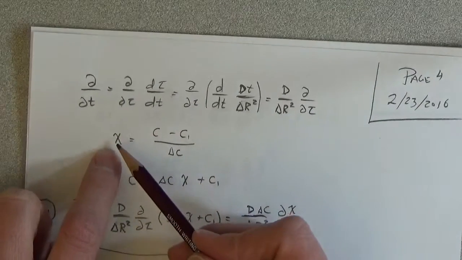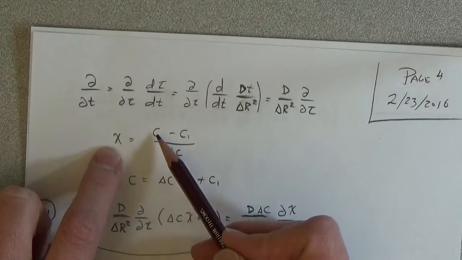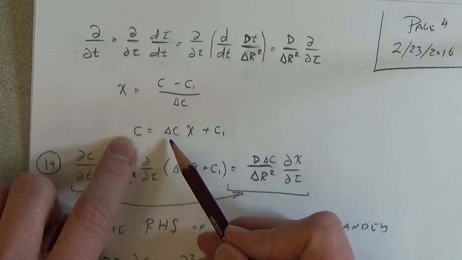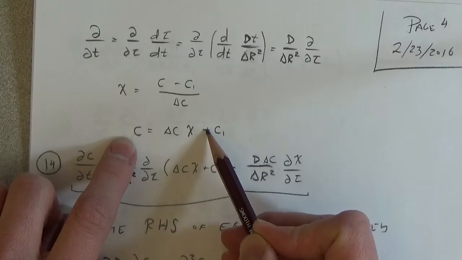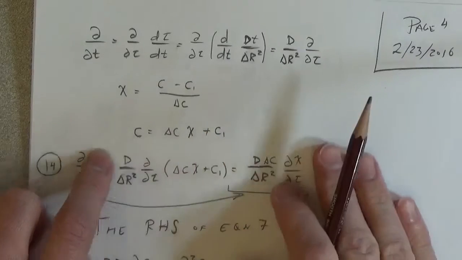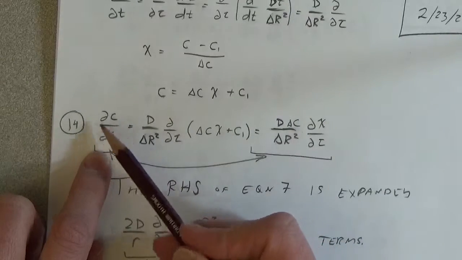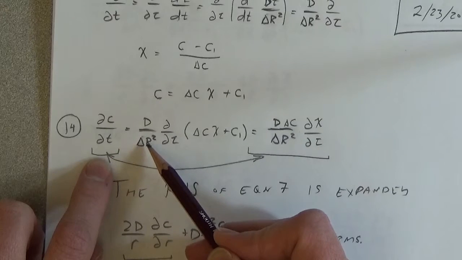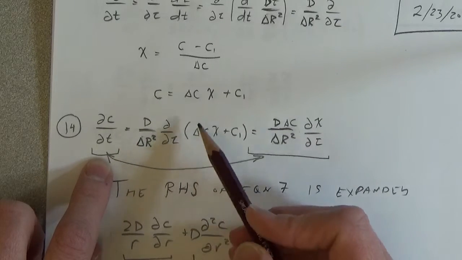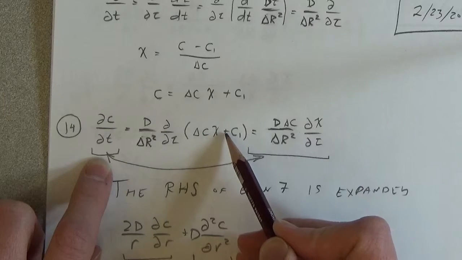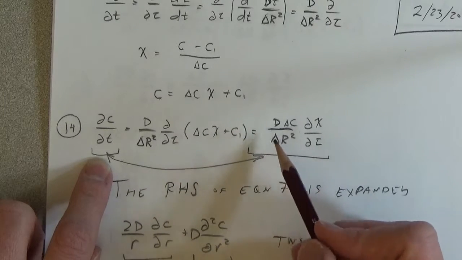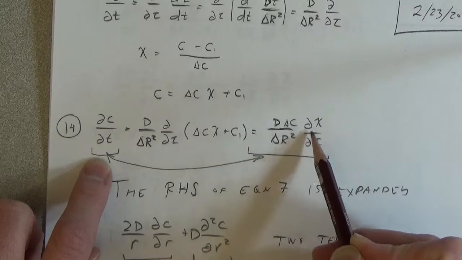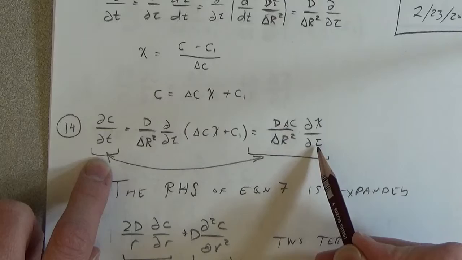And then we take chi, and we know that chi is defined to be c minus c1 over delta c, which means that we can write c as being equal to delta c times chi plus c1. So when we write out our partial derivative of concentration with respect to time, we get D over delta r squared d by d tau times delta c chi plus c1, which gives us D delta c over delta r squared d chi by d tau.